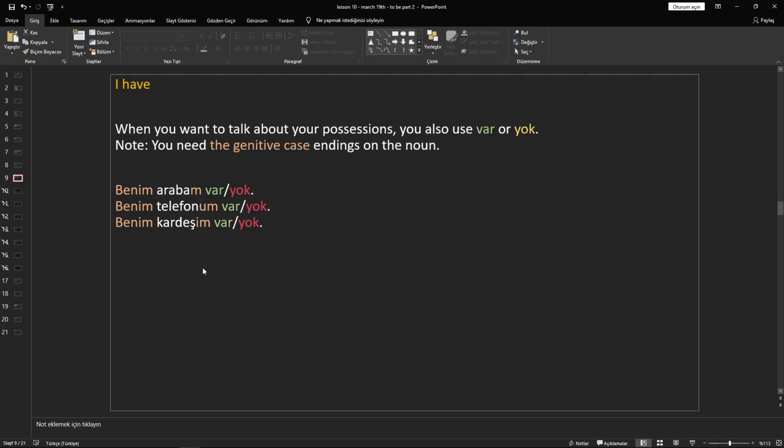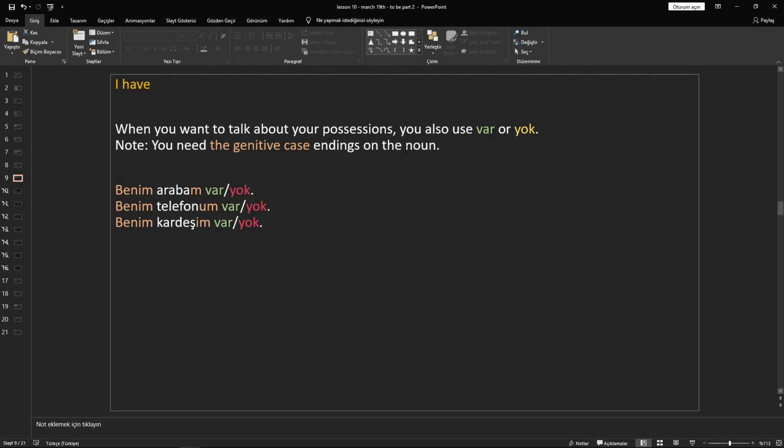I added this category inside this one instead of the genitive case because it goes better with var and yok. So you can also use var and yok when you talk about your possessions, but you will need the genitive case endings on the noun.